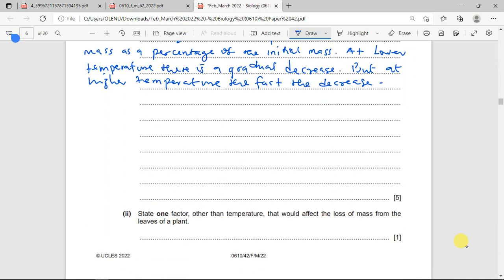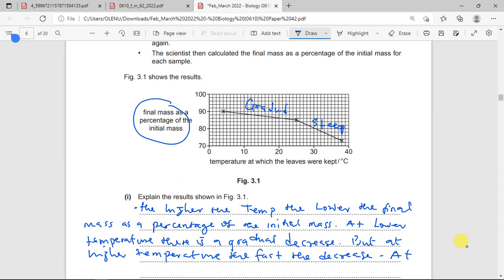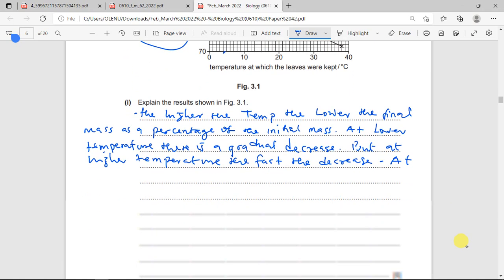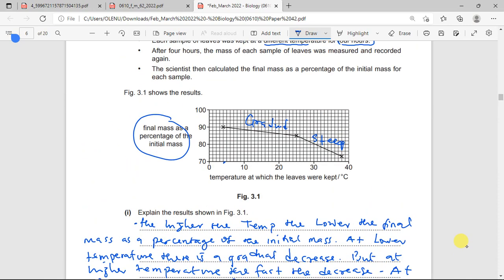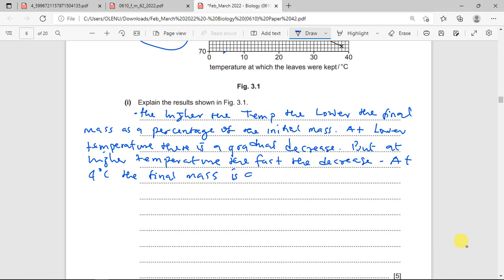Now, you can bring in statistics. Let's go back. At 4 degrees Celsius, you find out that the final mass as a percentage of the initial mass is, you go back, you check it, 90%.